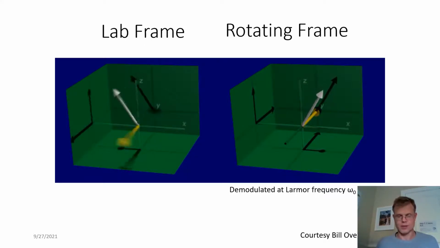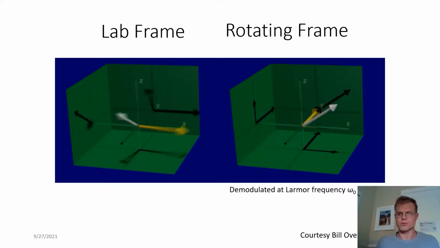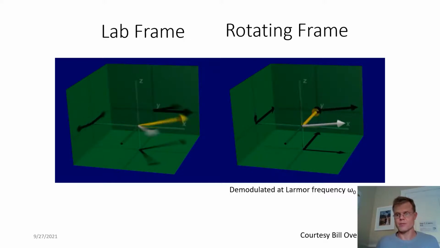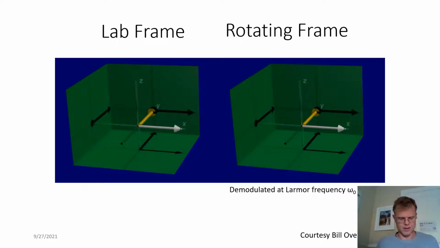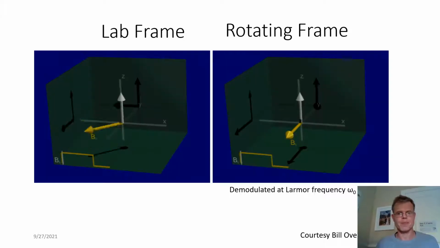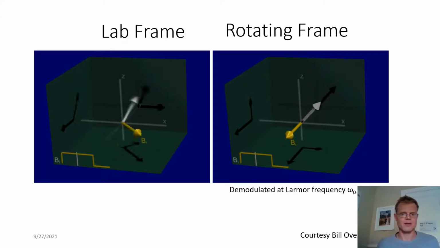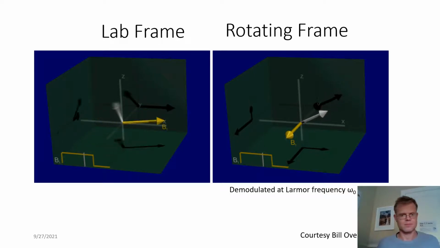And typically, as much as possible, I'm going to use the rotating frame both for visualization and interpretation of what's going on in MRI. And here's another example of that, shown in an only slightly different way.